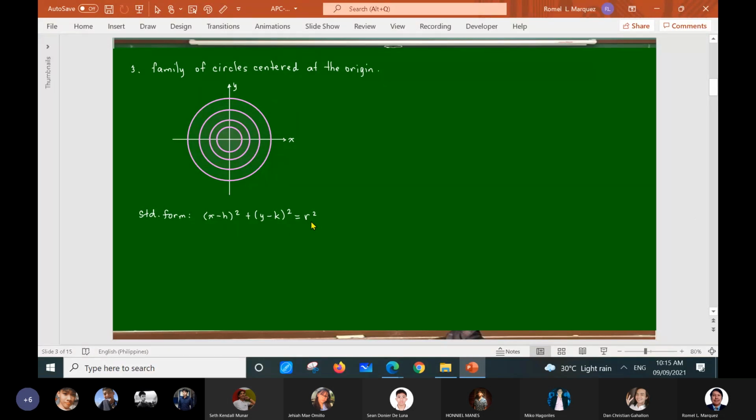But we are going to reduce the number of arbitrary constants because of a specific property: a circle centered at the origin. It means h is 0 and k is 0. What is my equation now?